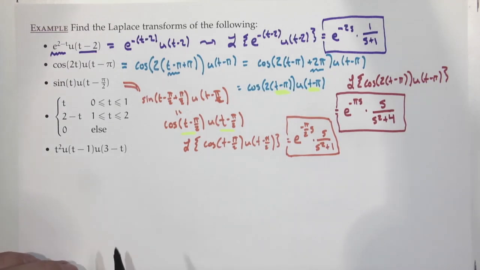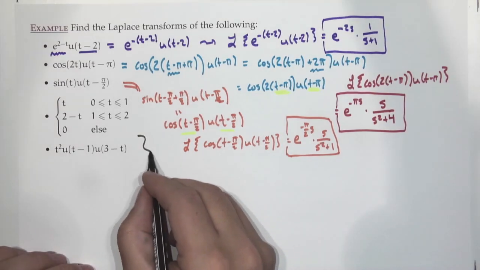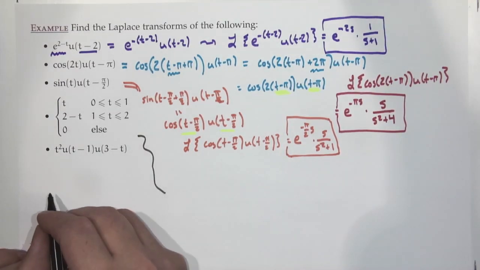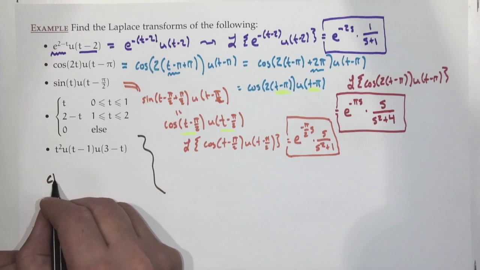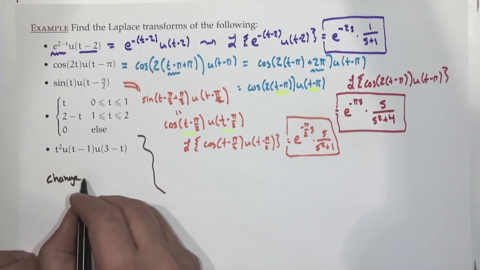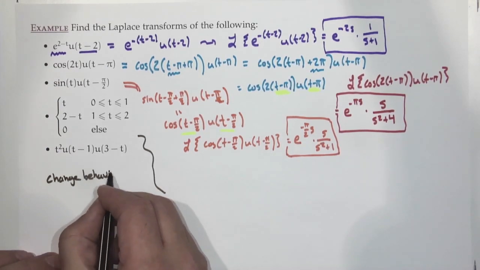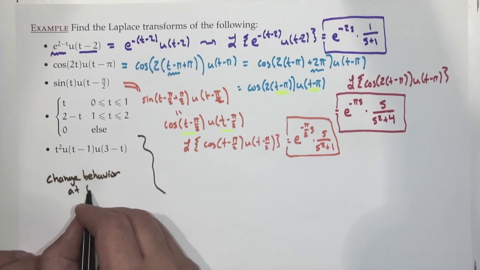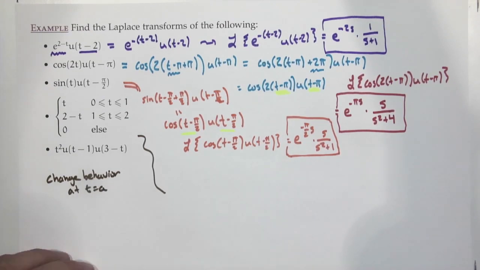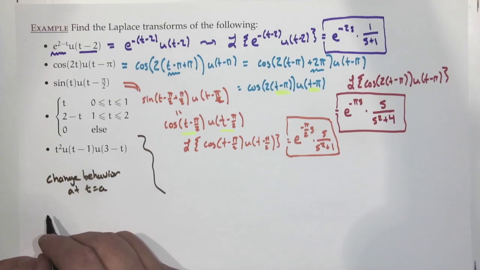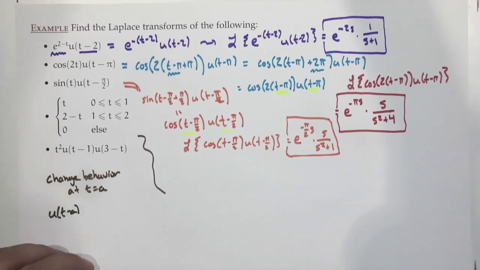Well, the basic idea is you do the following. If you change behavior at t equals a, what you're going to have is an on-off switch at a, so that's your u of t minus a.